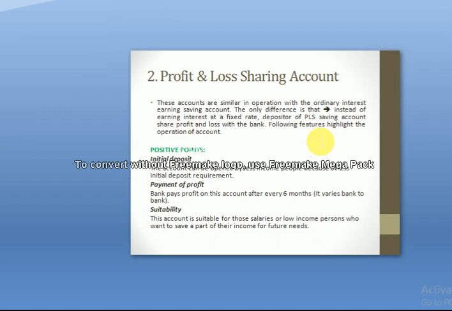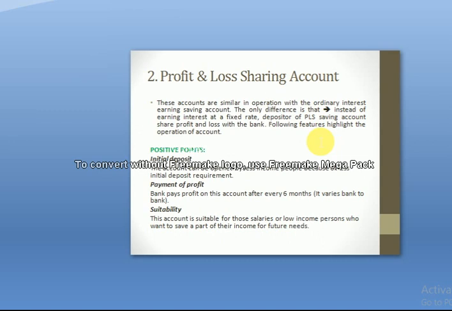It means that in the profit and loss sharing accounts, the amount of the depositor will be used by the bank in projects on the basis of profit and loss.